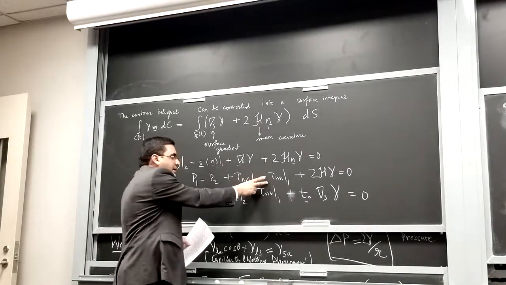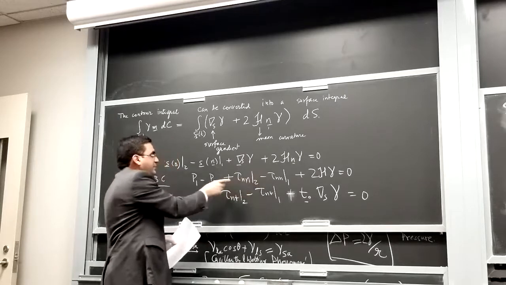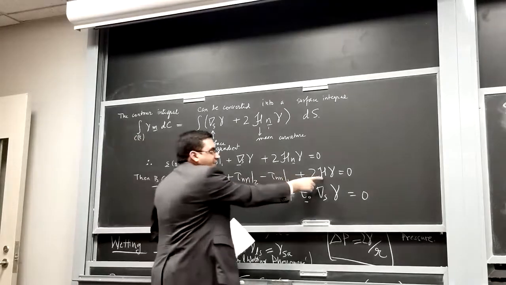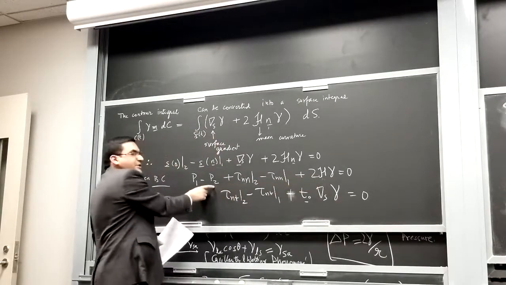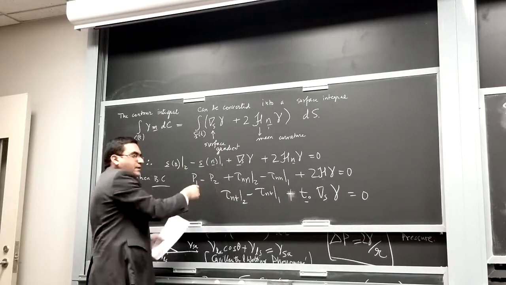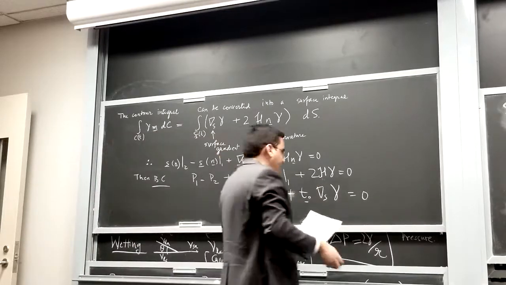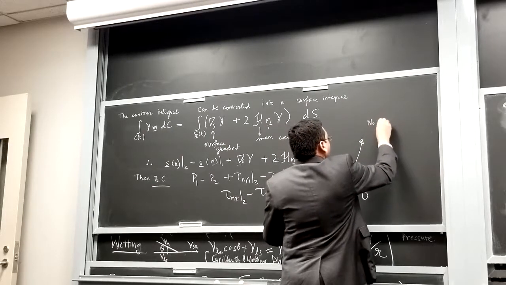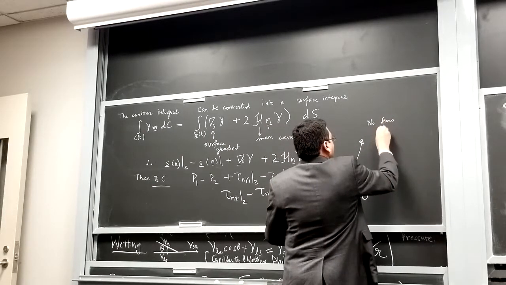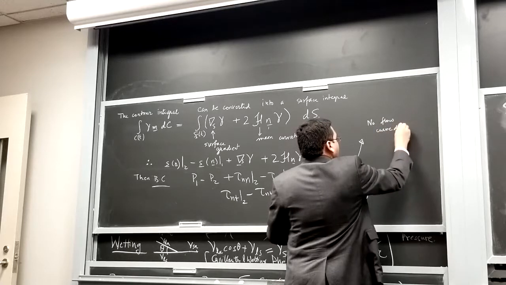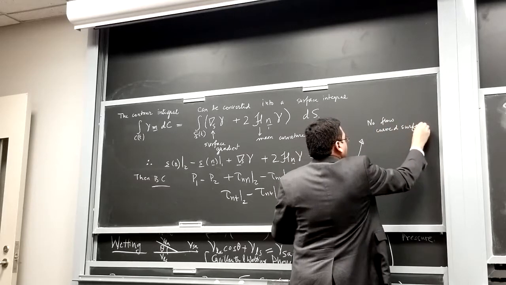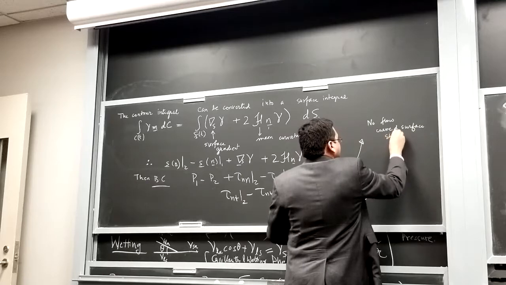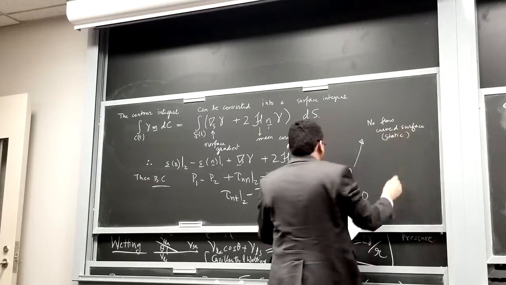But whenever there is no flow, if there is any curvature, then you'll have a pressure difference. So this is the static case. So in static case, you always get a pressure difference.